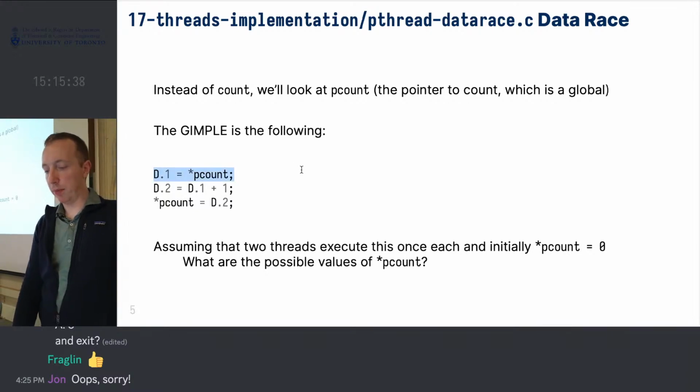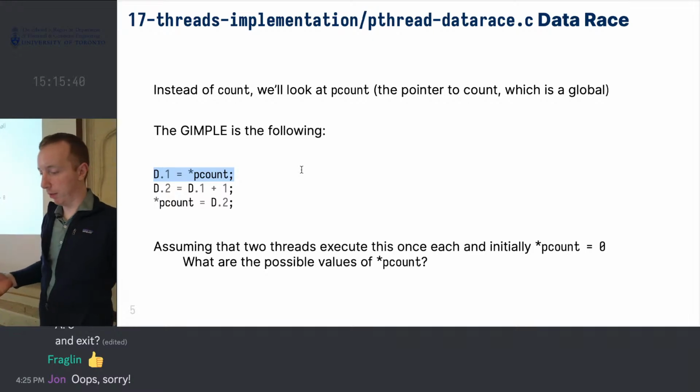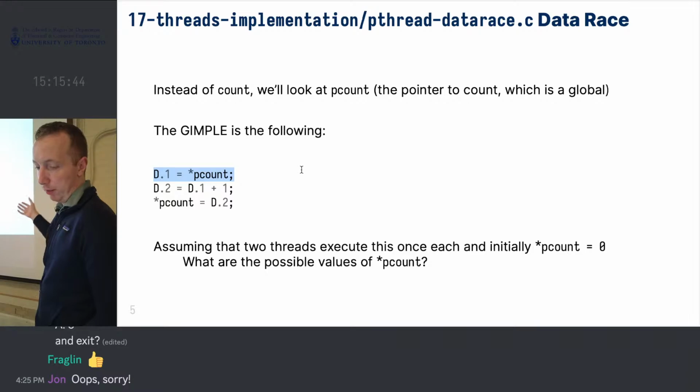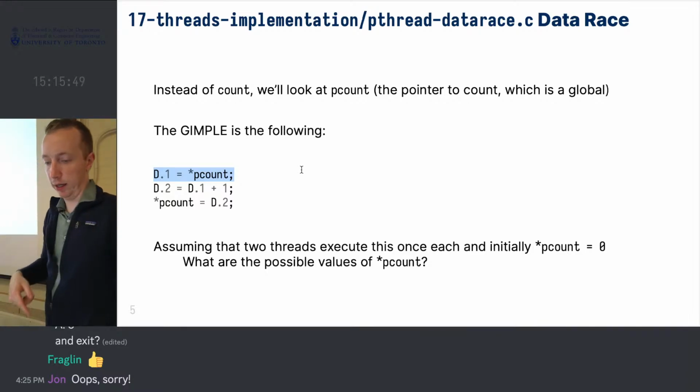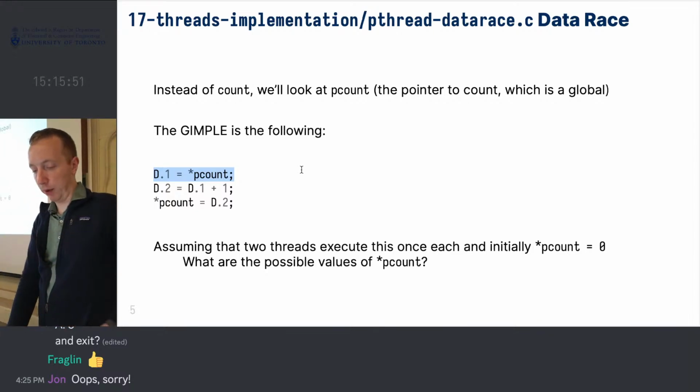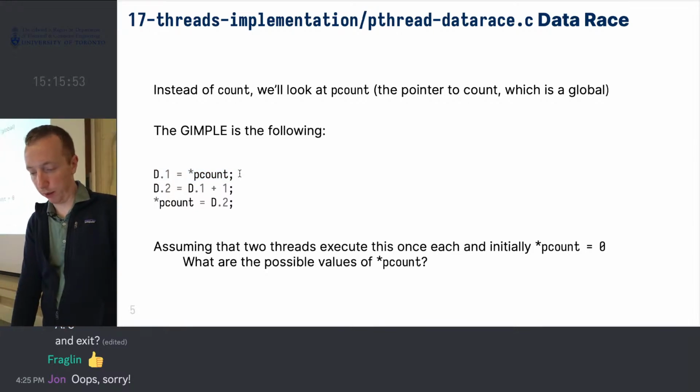So this first operation is the load from memory. Just to make things explicit, we changed the count variable to a pointer to count because it would live at some virtual address, which would be where the global variable lives.